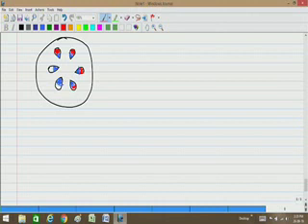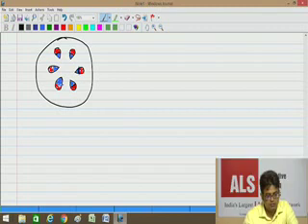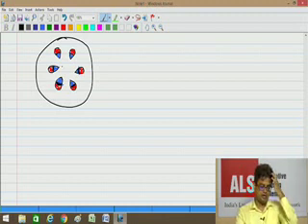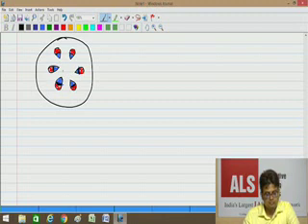All the vascular bundles are arranged in the form of a ring, and in between xylem and phloem is present the cambium cell. Cambium I am drawing with black color. This central part is the pith. This is the epidermis.